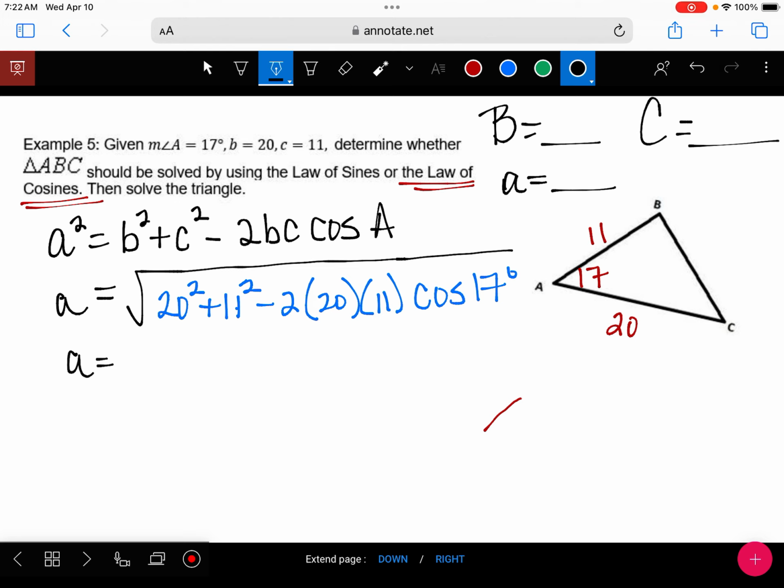And again, we'll go out to the thousands place. So go ahead, take a minute and type that in your calculator.